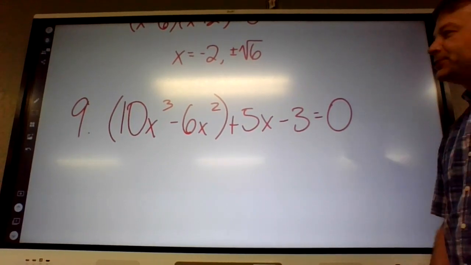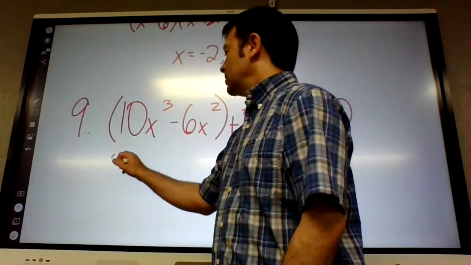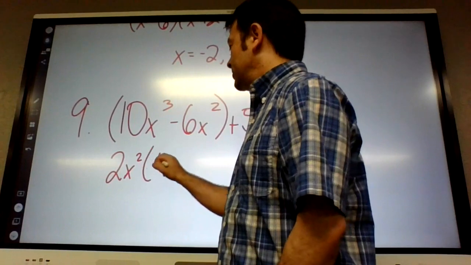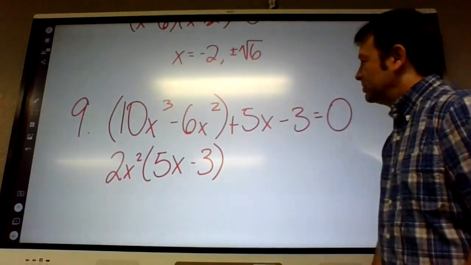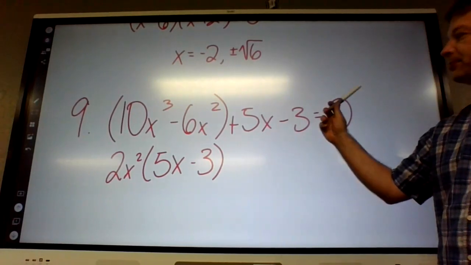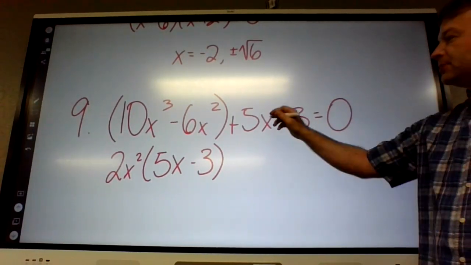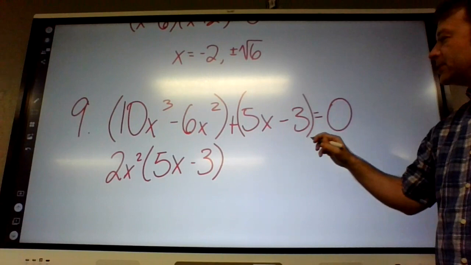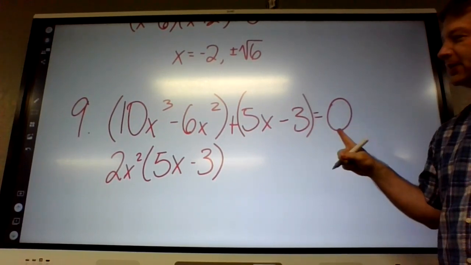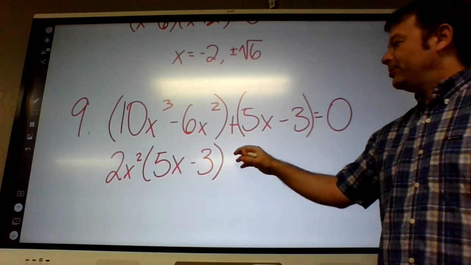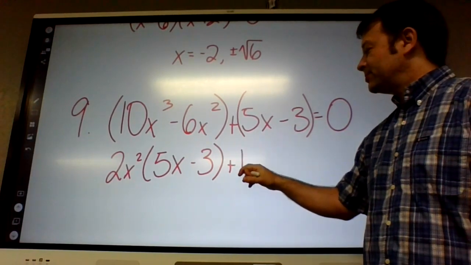Okay, what comes out of the first two? 2x squared, what's left? 5 times 3. Alright, I'm glad one of these came up. What comes out of the last two? Nothing. If nothing comes out, what could I still take out? A 1. Because dividing by 1, we really need something as a placeholder right there.